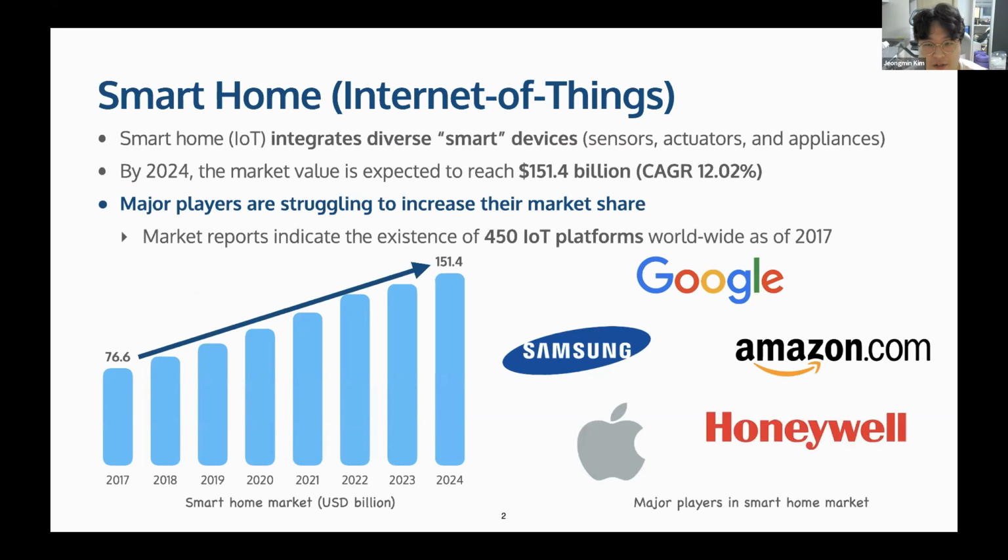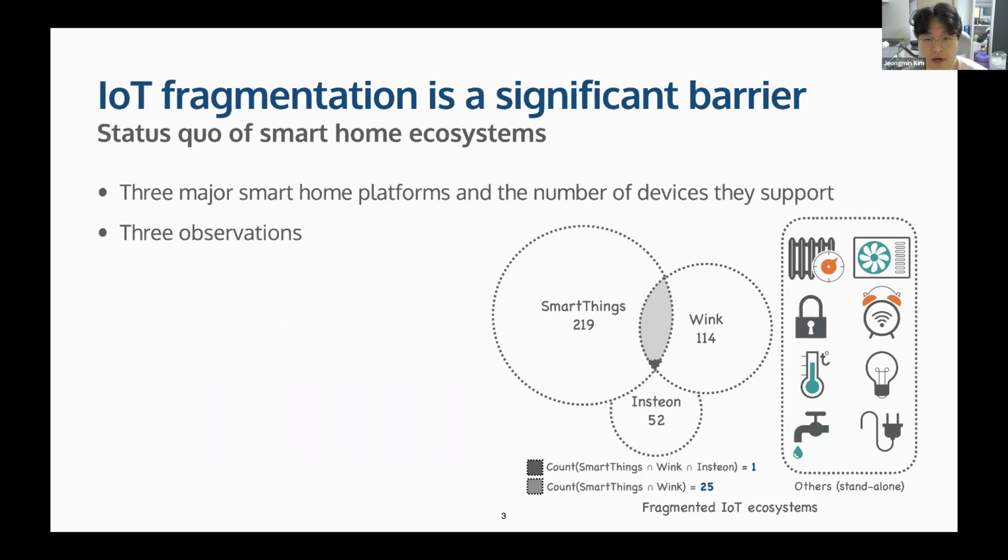To increase their market share, major players such as Google, Samsung, Amazon, and Apple are competing. Because of this, there are many IoT devices and platforms. We call this situation IoT fragmentation. It is a significant barrier to interoperability and the wider adoption of IoT services.